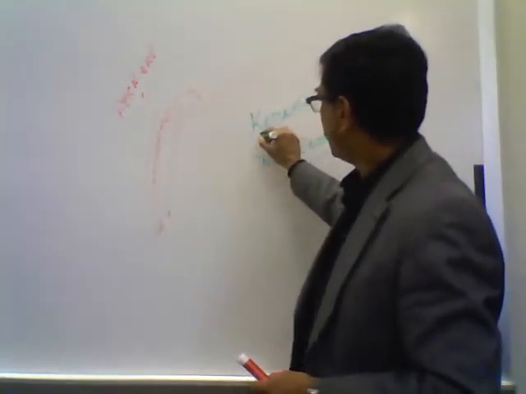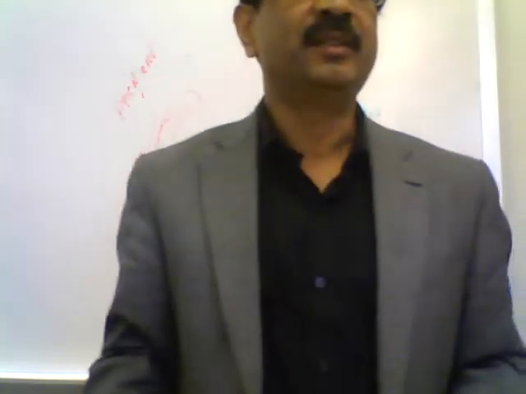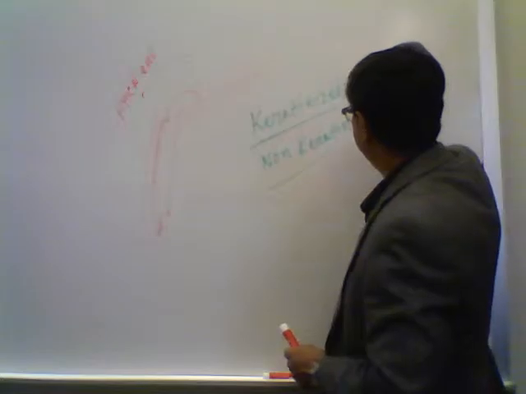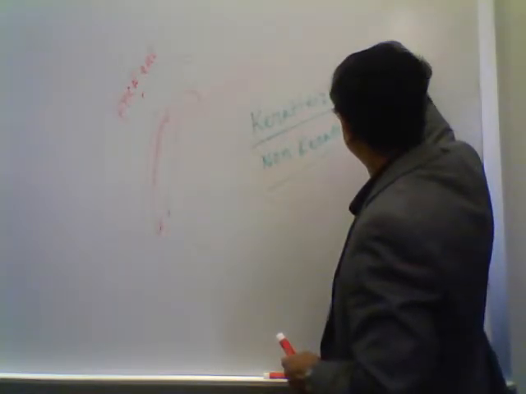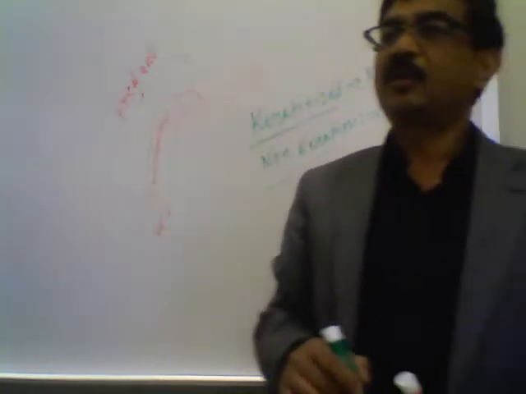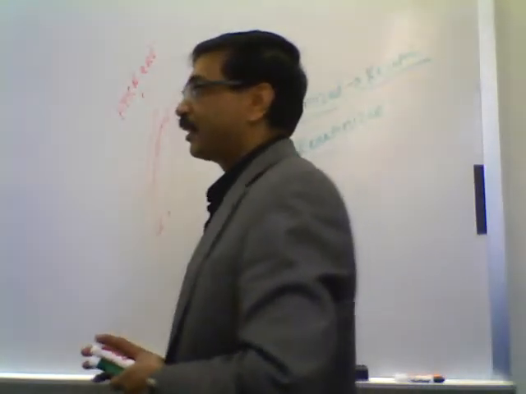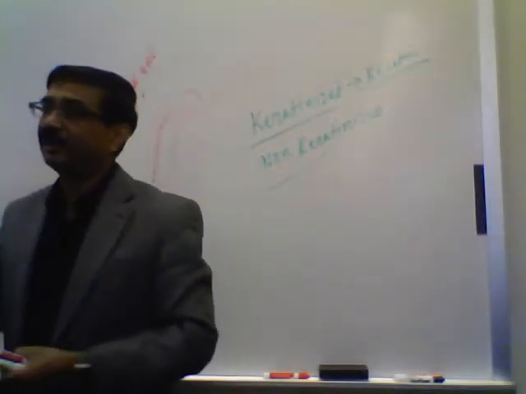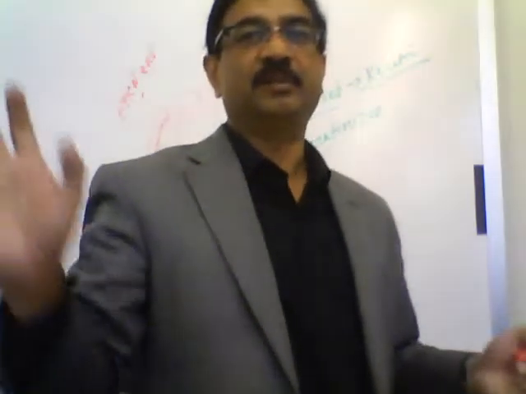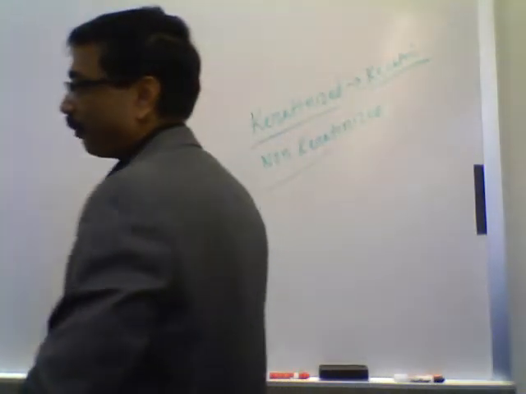Why is one type called keratinized? Because inside the cells you have keratin-filled cells. Keratin is a protein. So in keratinized stratified squamous, the cells are filled with that protein called keratin. In non-keratinized, you don't have that protein.